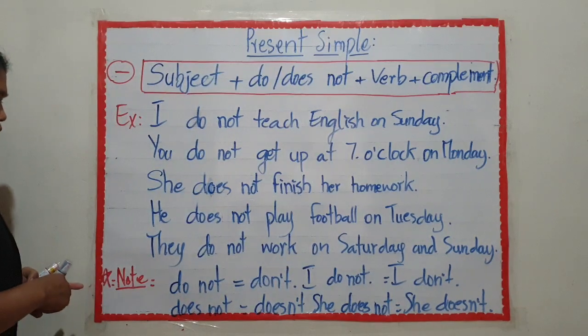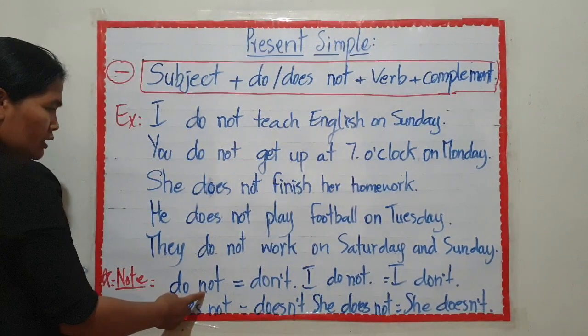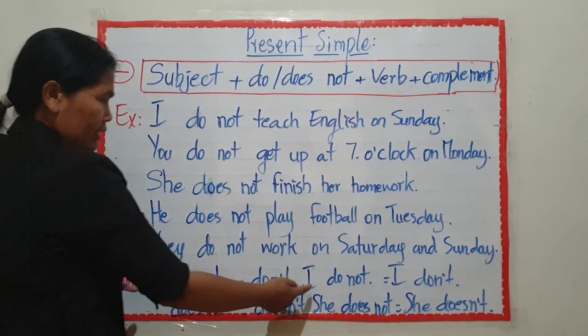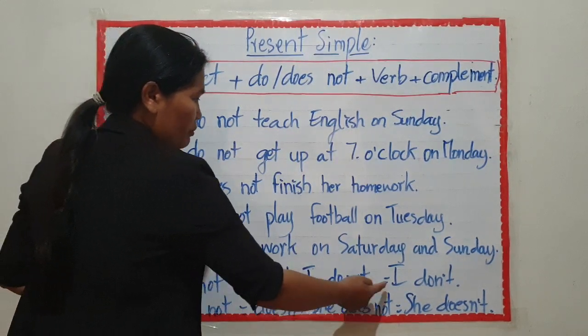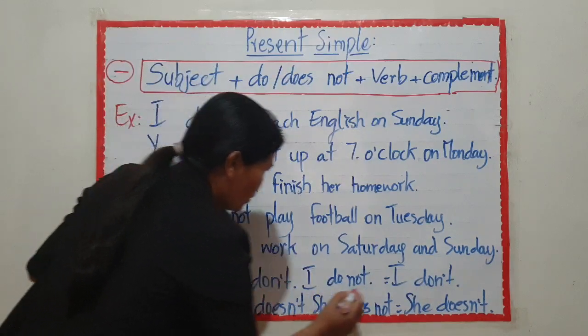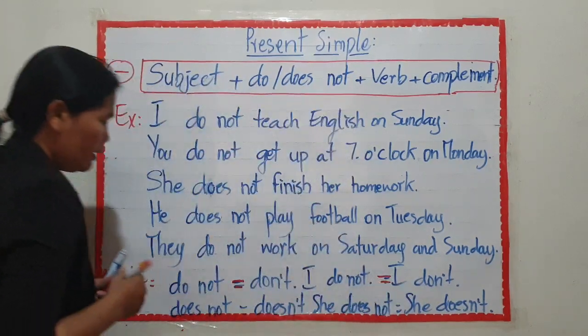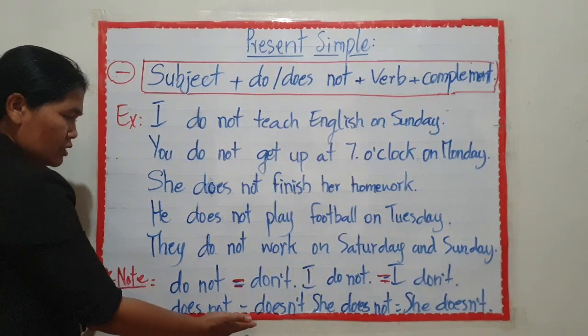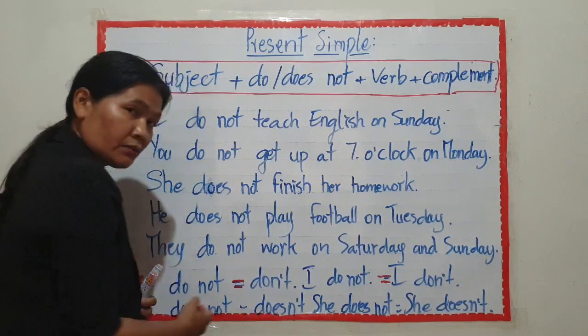Okay. So, do not, when teacher makes it short, becomes don't. So like I do not becomes I don't. Okay, you got it? One more is does not, when teacher makes it short, becomes doesn't, right?